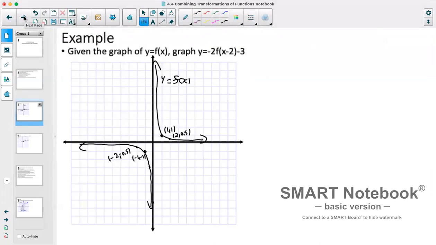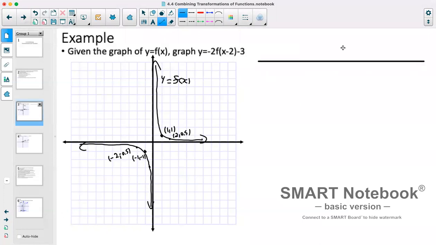Okay, so for example, given a graph of y equals f of x, graph y equals negative 2f(x minus 2) minus 3. To do these, I tend to do a multi-column table of values. So I will actually do 4 columns. So original x and y.